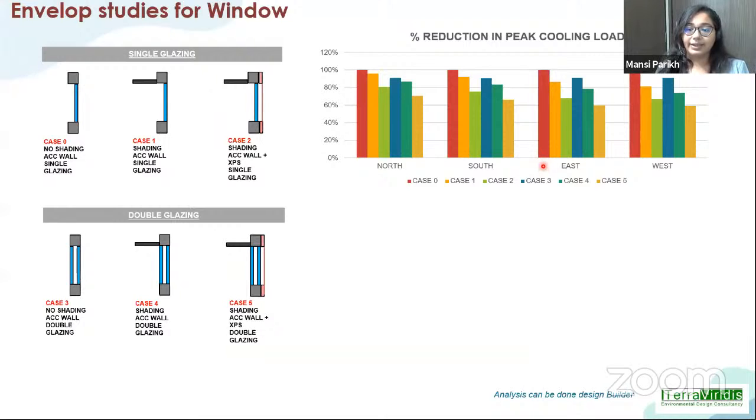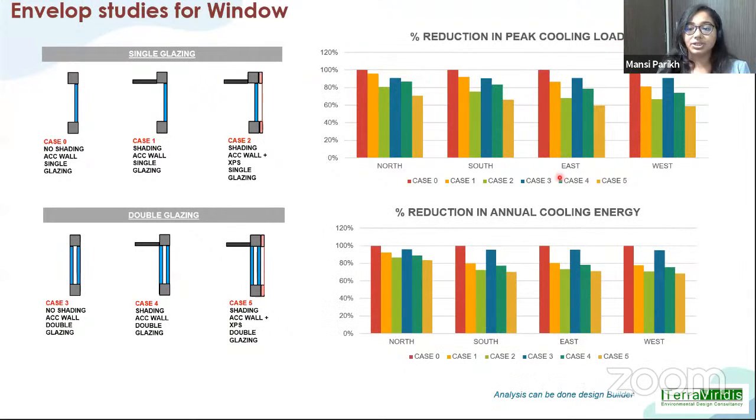The graph on the right depicts the percentage reduction in the peak cooling load, which actually relates to the HVAC system sizing. And the lower graph shows the reduction in annual cooling energy. Cooling energy in this building accounts for almost 70% of the total energy consumption.